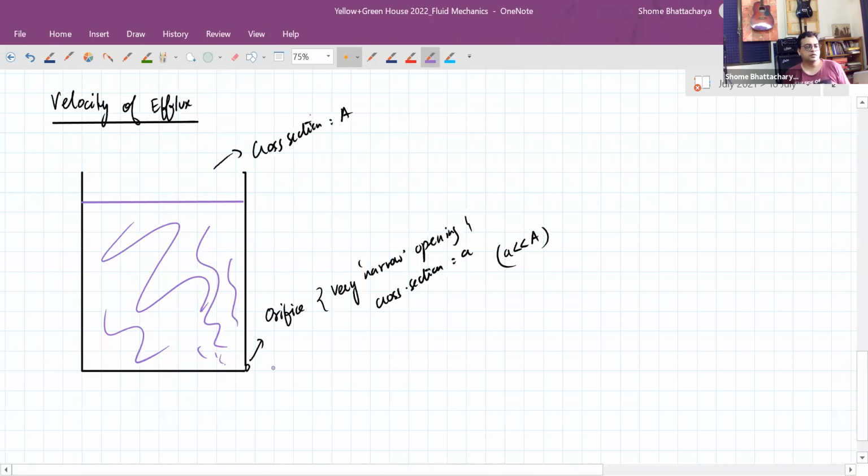So then liquid will be coming out from here. And depending on the level of water in the tank, the pressure difference will create this efflux speed. Okay. So this is called the velocity of efflux.